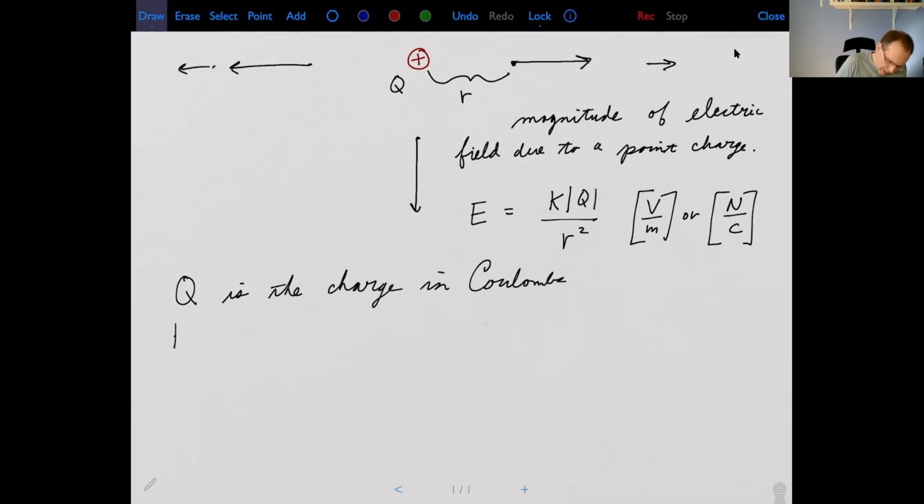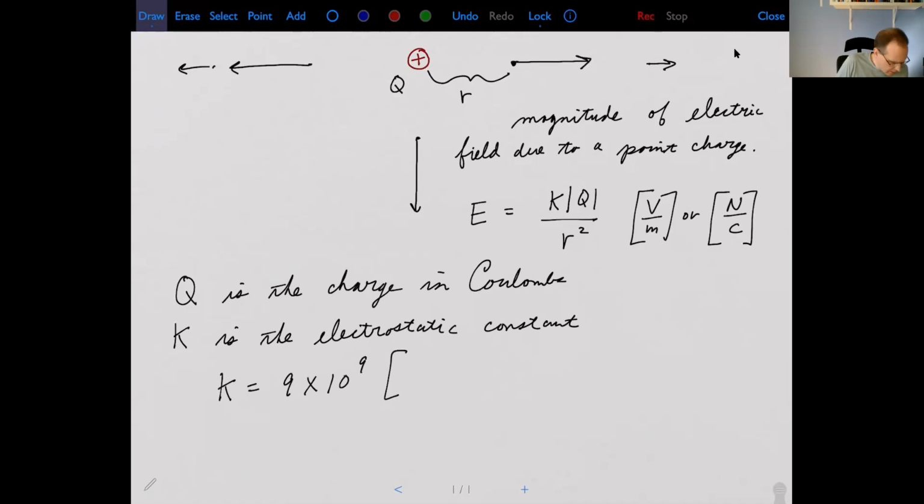K is the electrostatic constant, and its value is approximately 9 times 10 to the 9th. The units are newton times meters squared over coulomb squared. But it's just a constant, around 9 times 10 to the 9th.